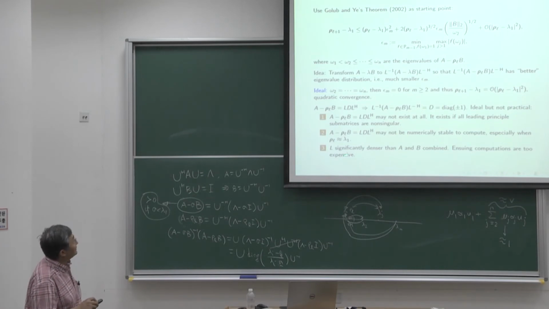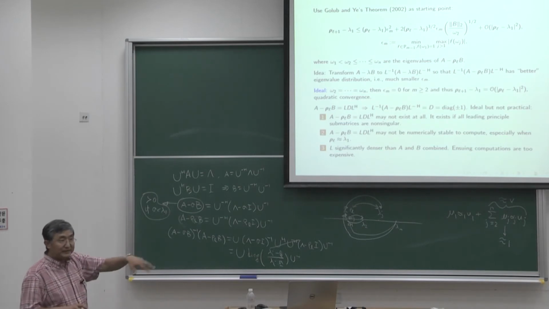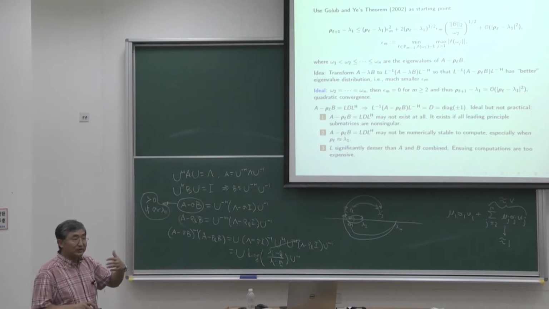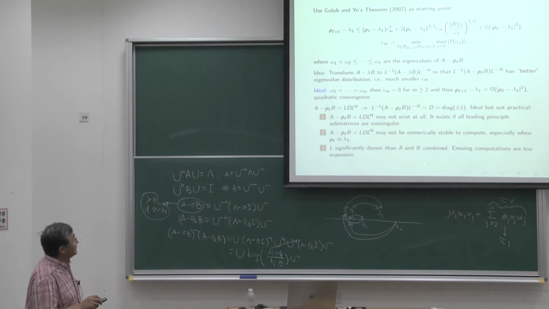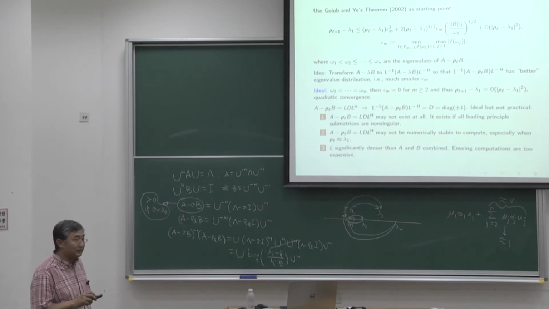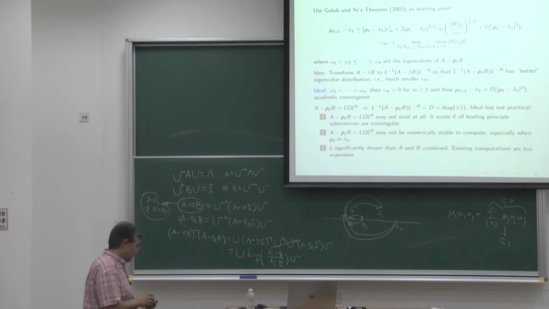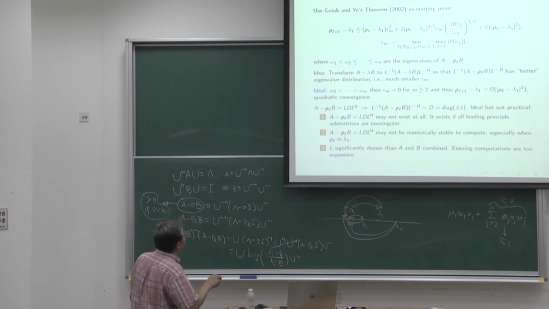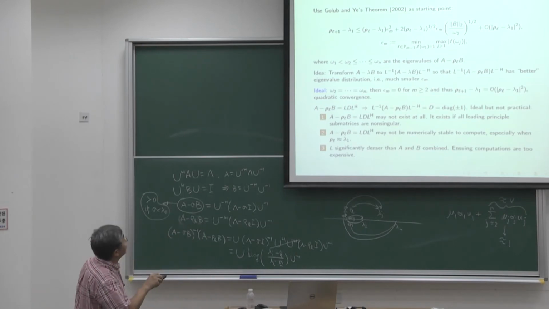That means this L matrix is lower triangular, but maybe almost dense. So when that happens, later you have to solve a linear system with L. You can make the cost as high as order n squared, which is too much, so the rest of the computation is going to be very expensive. So there are at least 3 problems here.